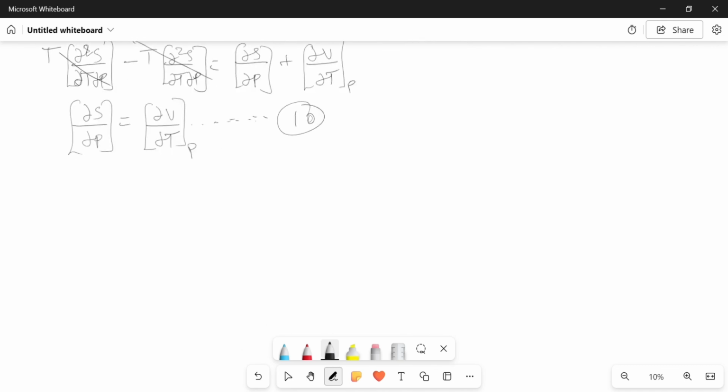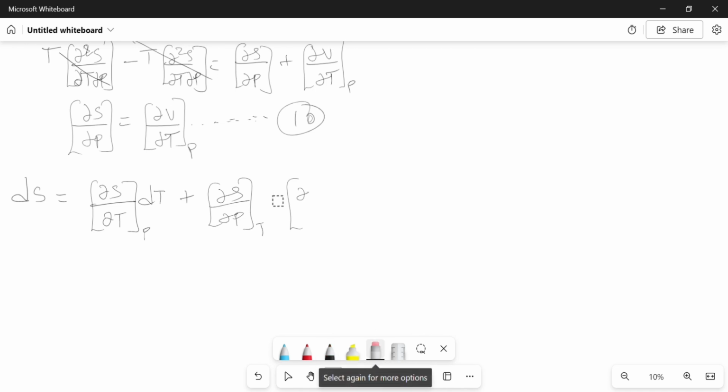Equation 1 says ds is equal to the function of both temperature and pressure. That means del S over del T at constant pressure dt plus del S over del P at constant temperature dp. Good.